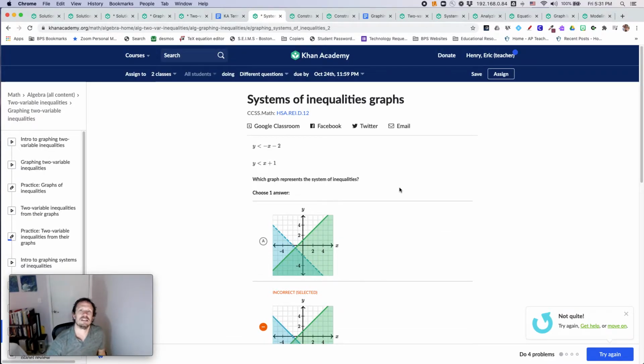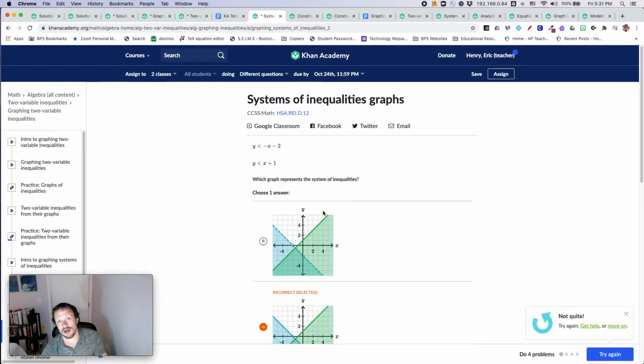The next one, systems of inequalities from graphs. So let's grab the problem. We're going to graph this system.